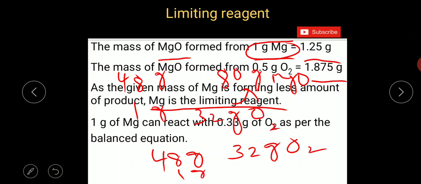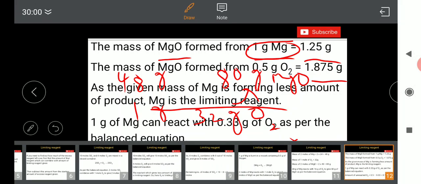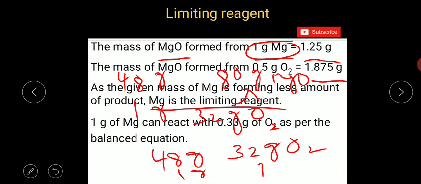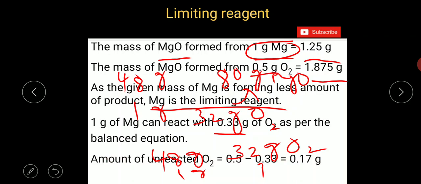This 1 gram can react with how much oxygen? You will get 0.33 grams. But what is the mass of oxygen given? 0.5. Out of 0.5, if only 0.33 grams of oxygen is involved in the reaction, then what is the amount of oxygen left over? 0.17 grams.